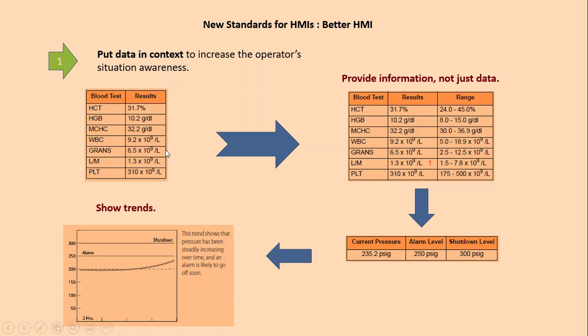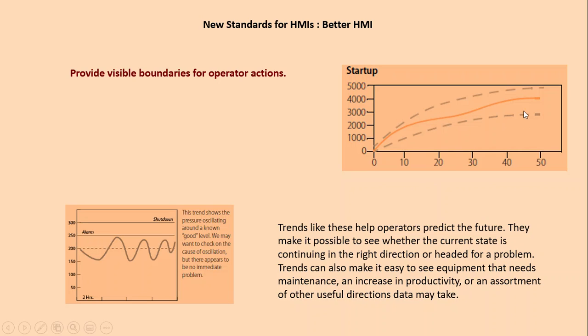So in that respect, on the right side table you see the complete view of the situation, whether the values are within range and whether it is on the lower side or upper side. So that's how we actually convert this kind of table into our GUI. And it is even better if you show it like this, where the values are shown within the alarm limits, high or low alarm limit, like this one.